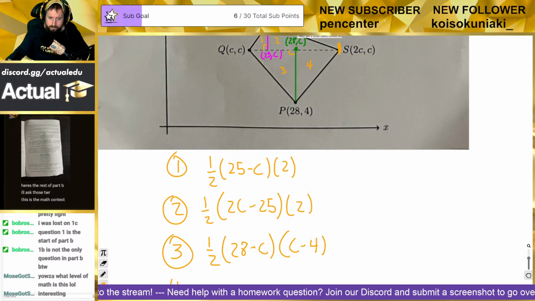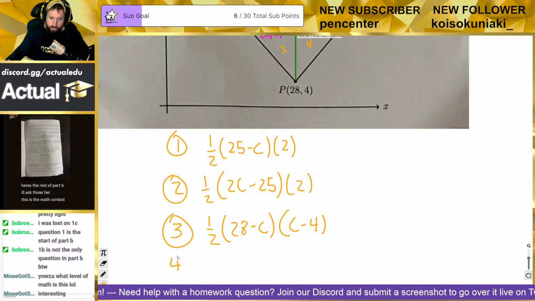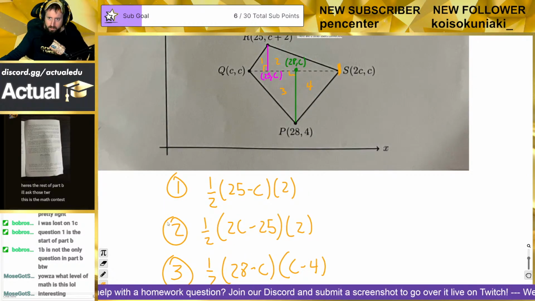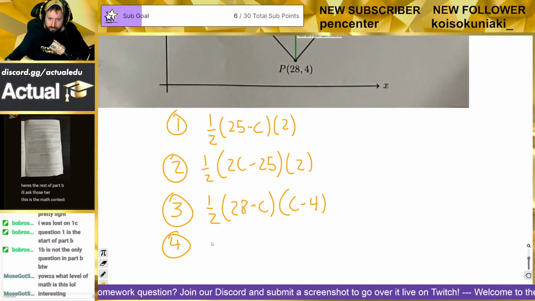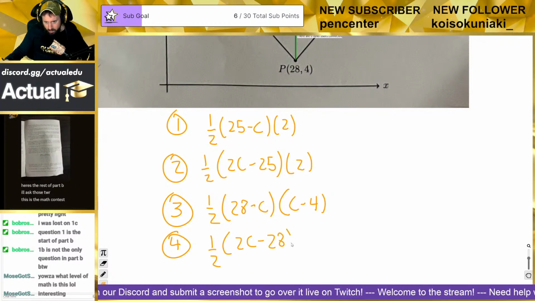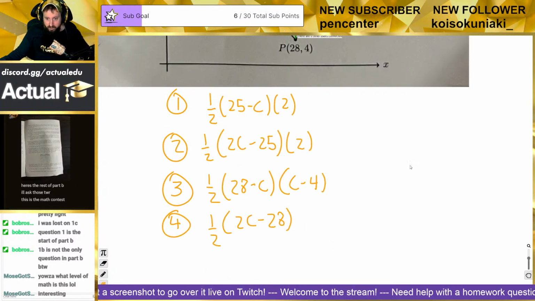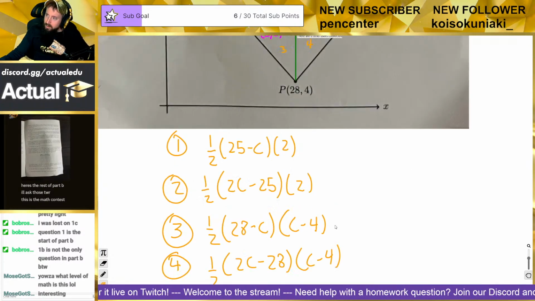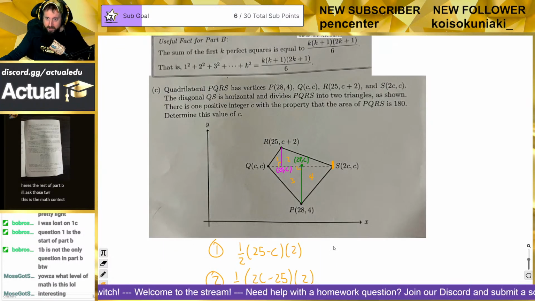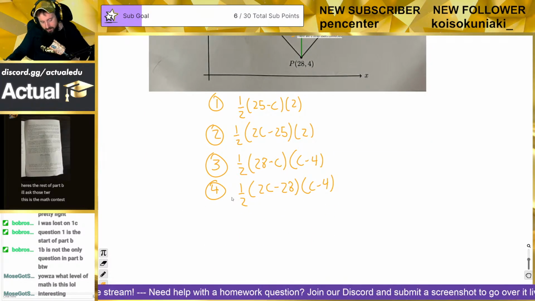And then the other one is going to be 2c minus 28, and the height is also c minus 4. And then we're told if I add all of those up, I should be equal to 180.